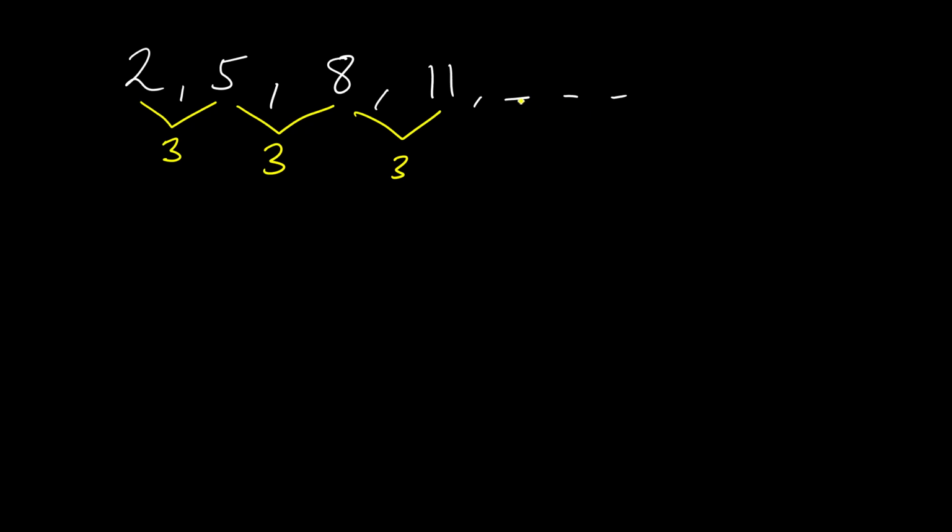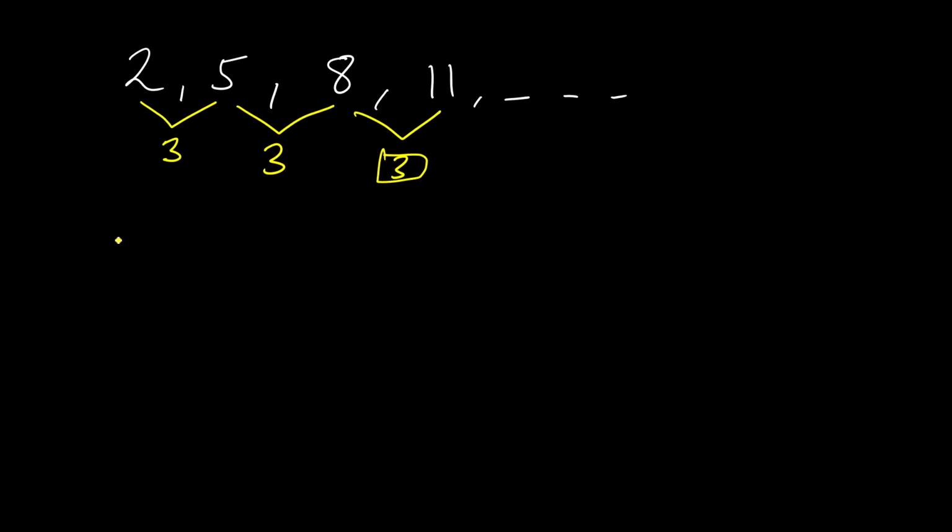Now with this we can determine the next terms, or the next numbers here, because there is a pattern, there is an order here which we can follow. So we know that when we keep on adding this 3, we will get the required numbers or the required sequence.